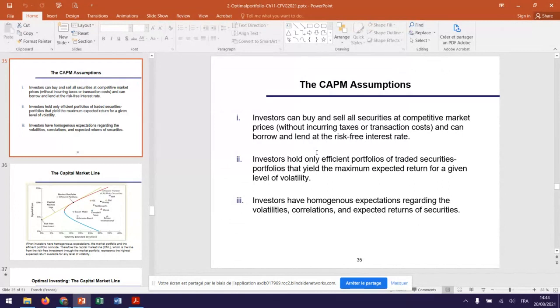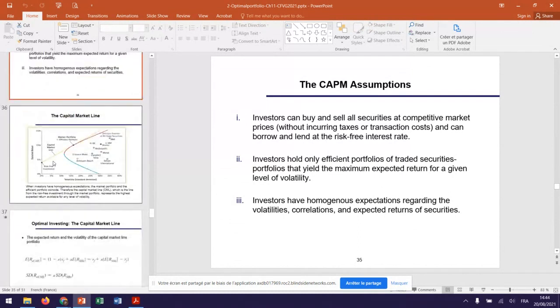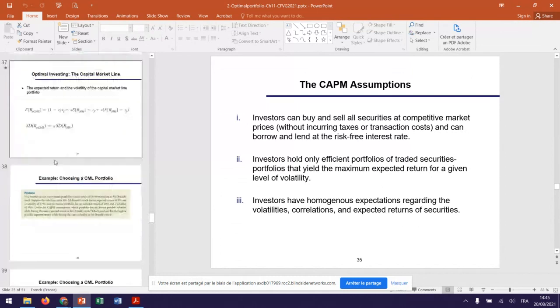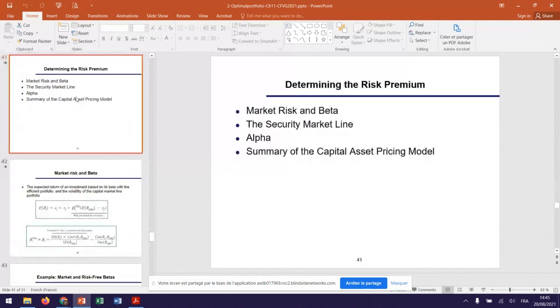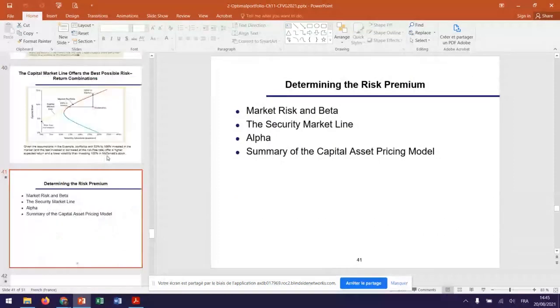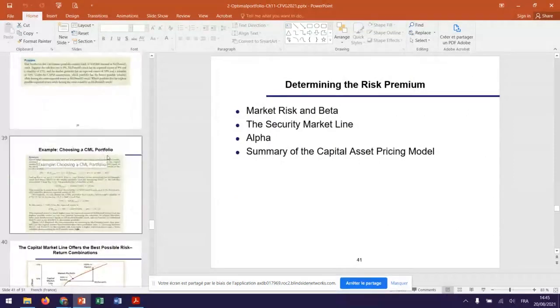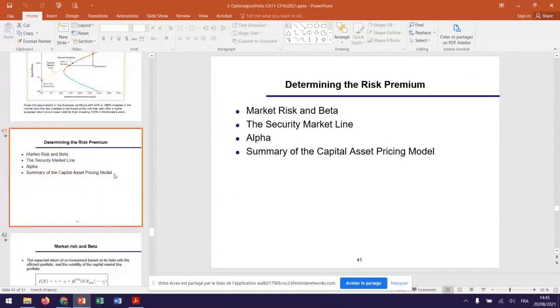But still, if we take the data, at least in the US or in many advanced countries, the CAPM is still quite consistent with the data. It is probably not a perfect model, but CAPM is still the most popular and well-known way to compute the cost of equity capital.